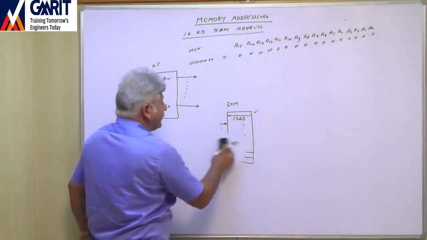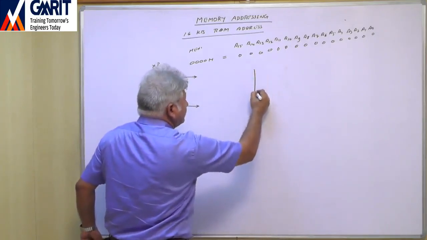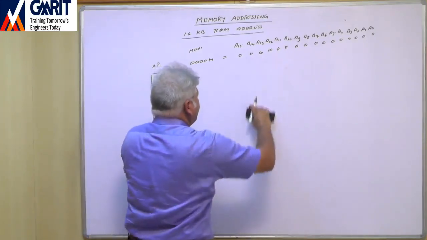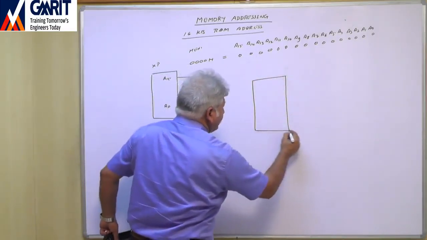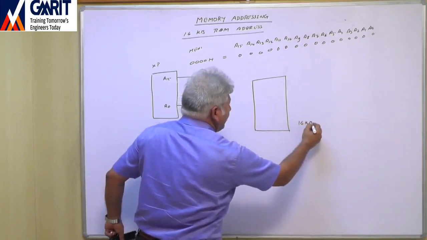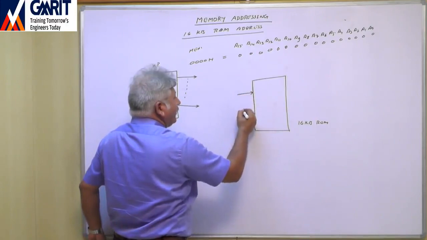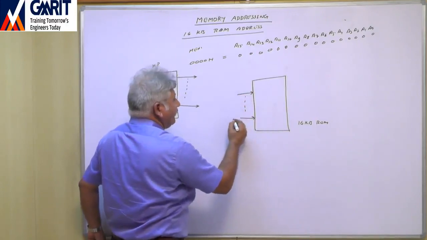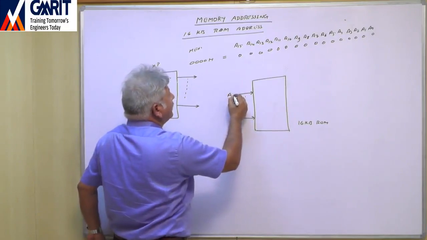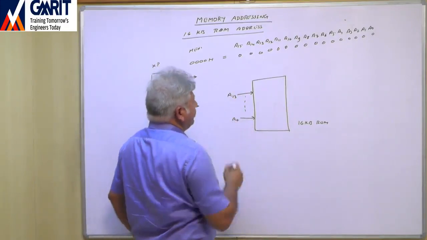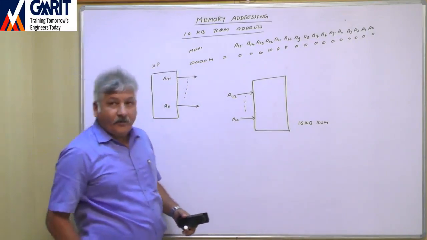I will draw this here. This is the 16 KB ROM. Here we have address lines from A0 to A13. A total of 14 address lines are required for 16 KB memory.